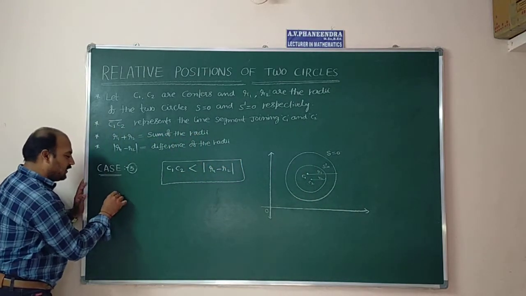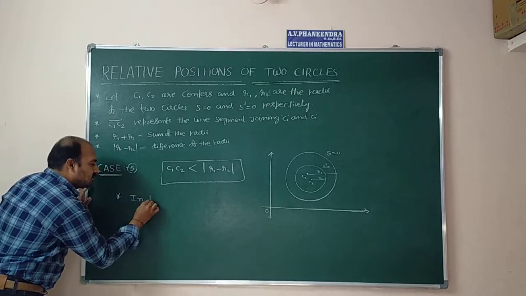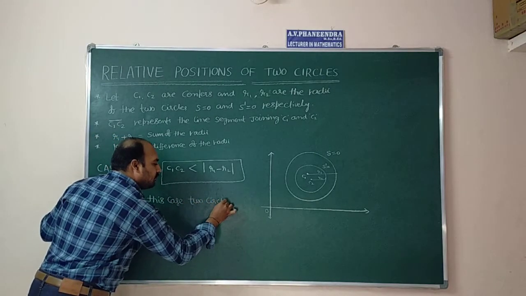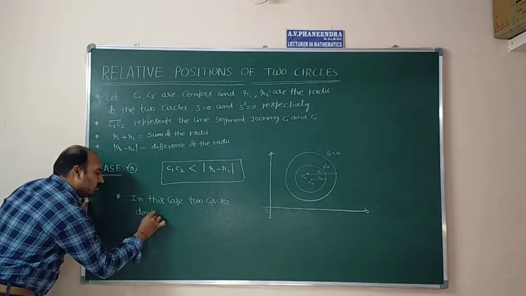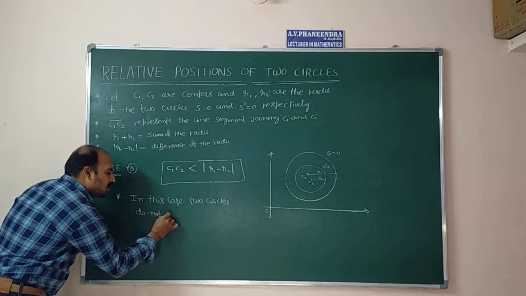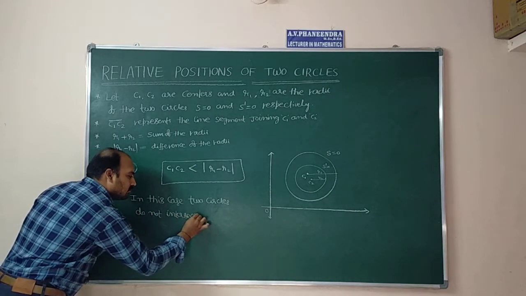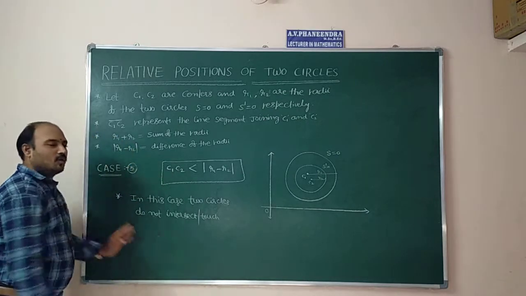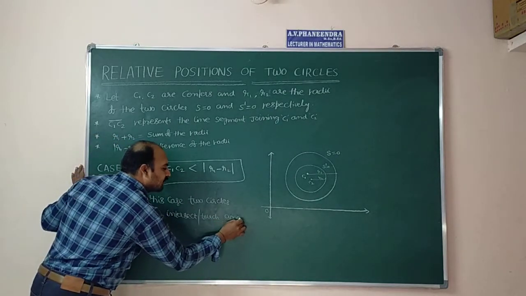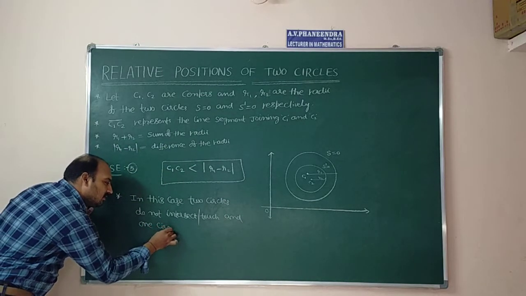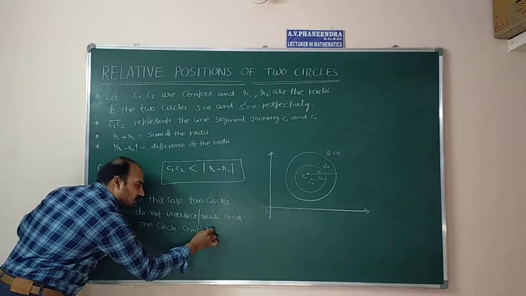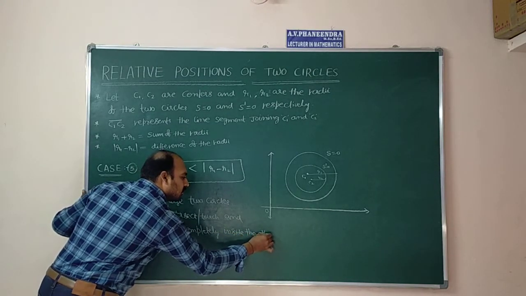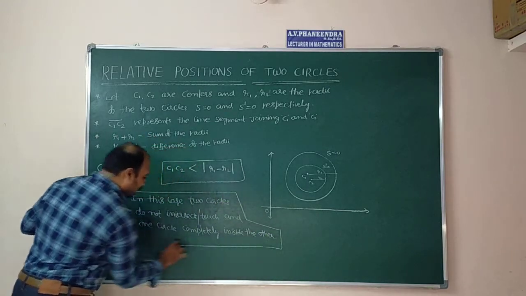So in this you have to write that statement. In this case, the two circles do not intersect or touch, and one circle is completely inside the other.